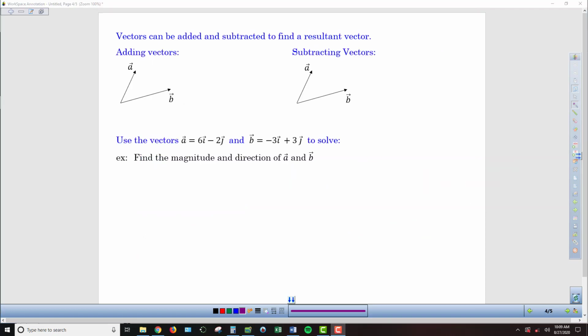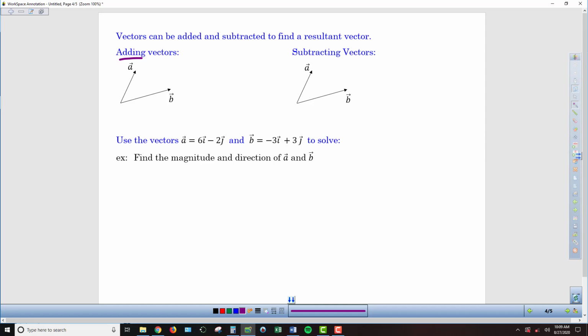So as I alluded to, we can add and subtract vectors, perform other operations, and that component form is very useful for that. But we should take a look at just a visual image as to what adding vectors or subtracting vectors really means. So in the first piece here, where we're going to add these two vectors together, in order to add them, show what they add to in a diagram sense, we've got to place the two vectors tip to tail.